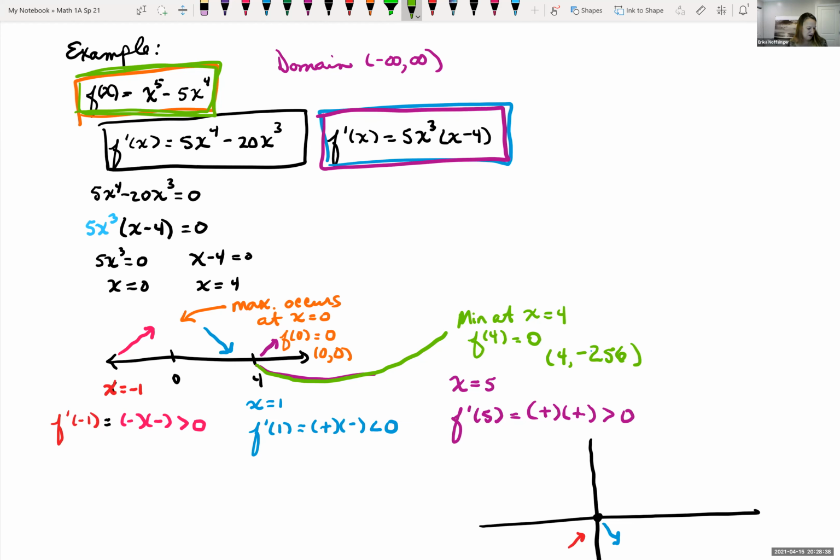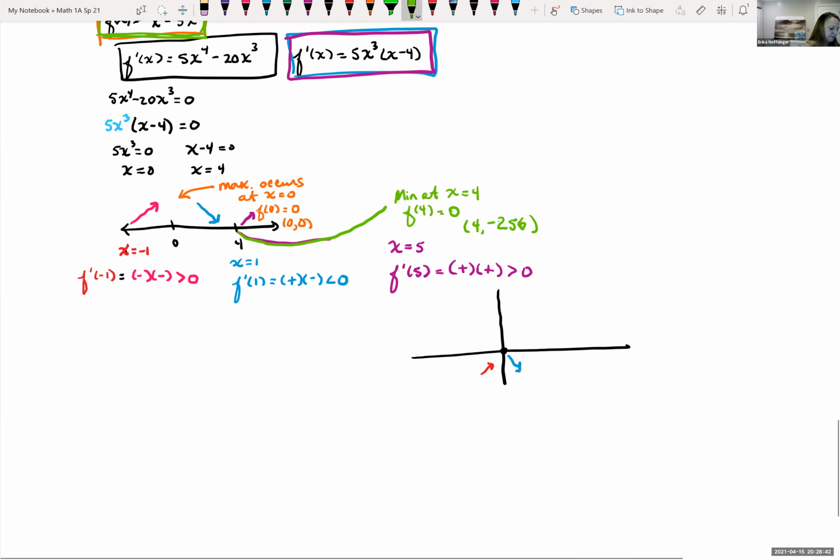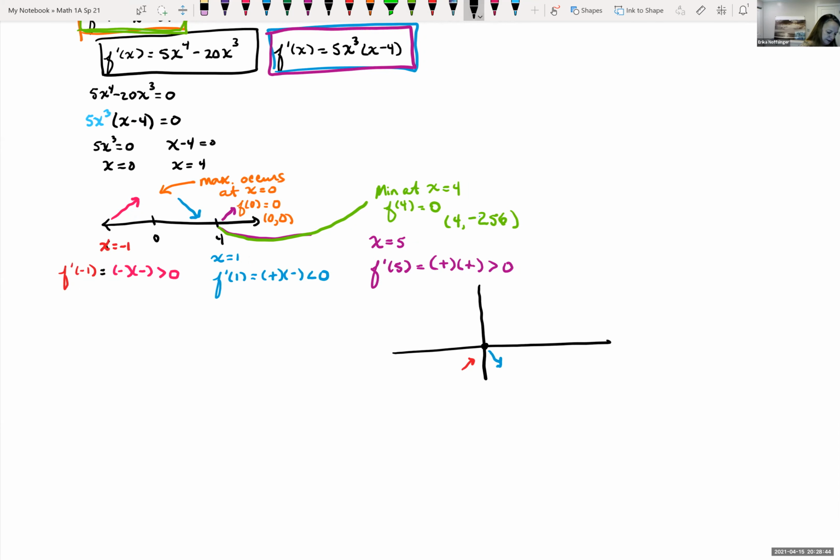Well, I'm not going to really draw negative 256 tick marks. So let's say that this right here is negative 256, and here is an x value of 4. And so I have a point here.